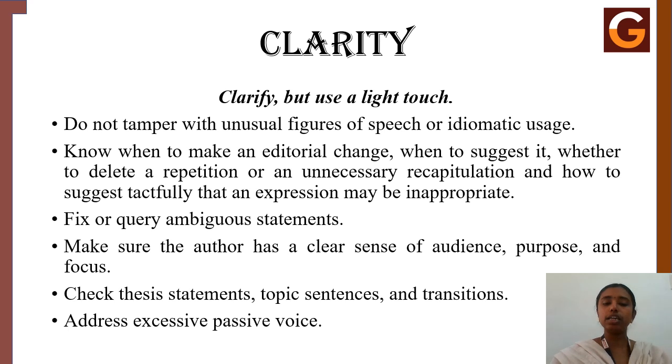In that case, the context of the writing will be completely different. So you should always look into the purpose and the audience behind the text itself. That not only helps the readers, but also helps the editor to edit accordingly.